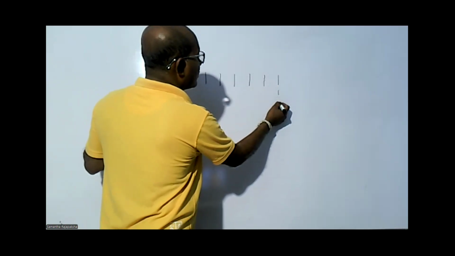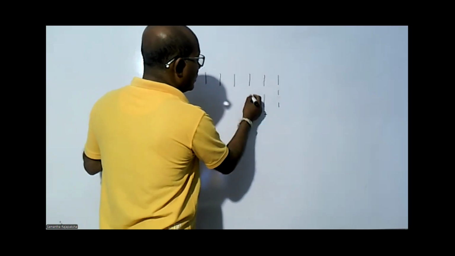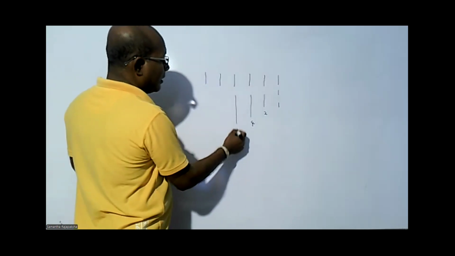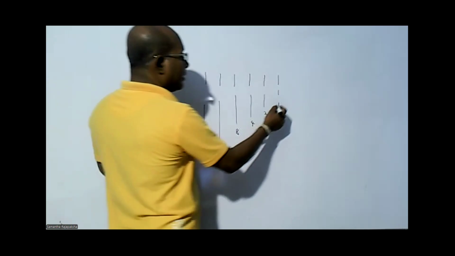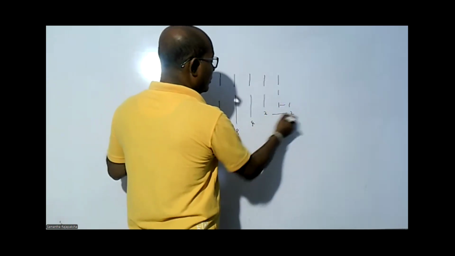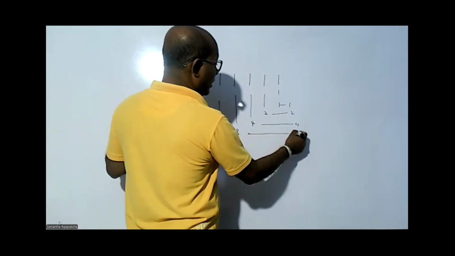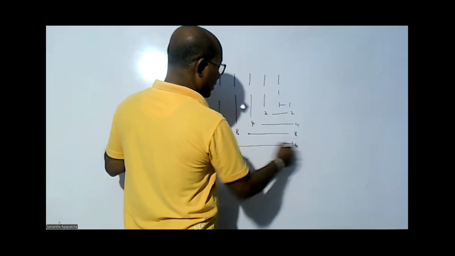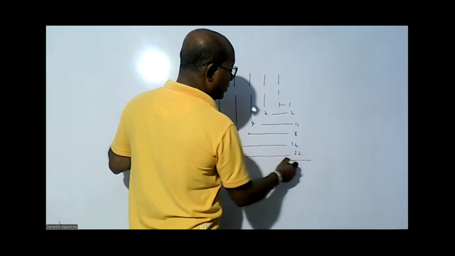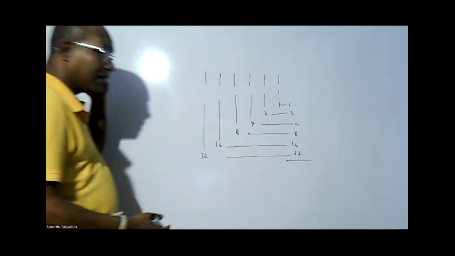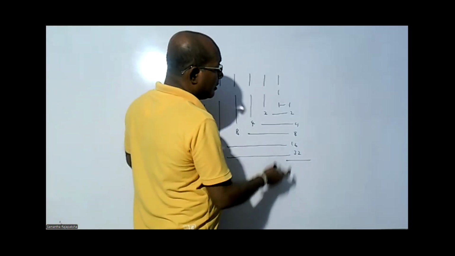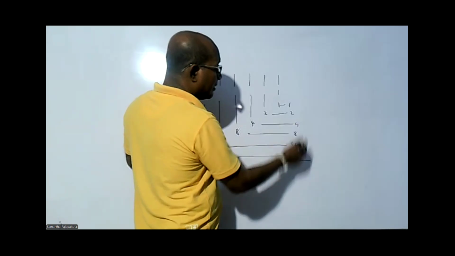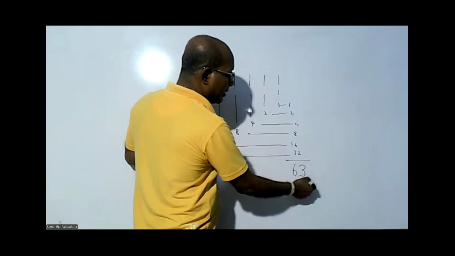This is 1, this is 2, this is 4, this is 8, this is 16, this is 32. You can add them together: 32 plus 16 is 48, 48 plus 8 is 56, 60, 63. So that number is 63.